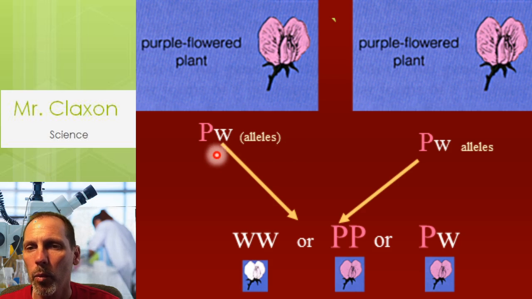But which allele is going to get passed on to the next generation? It could be the pink or the white in both cases. And that's what we said with how can you get a white flower? Well, if you get the white allele from one parent and the white allele from the other parent, you can get a white flower. Now, what we want to look at today is what's the chances of that?